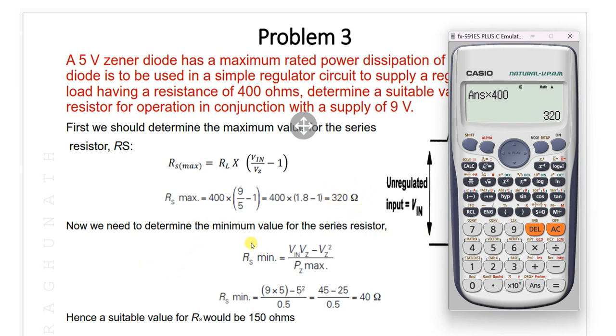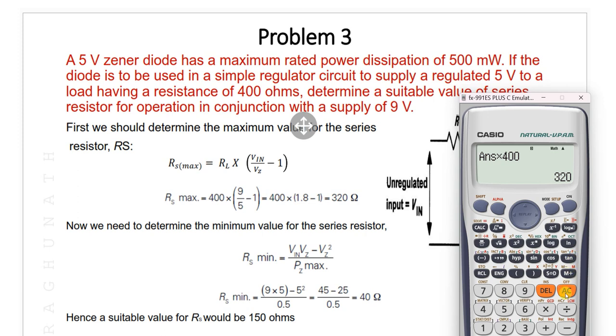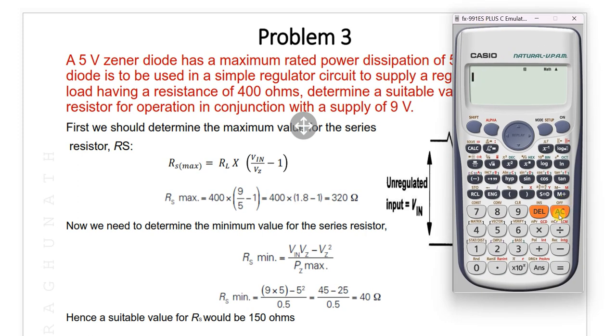Another, RS minimum, is given by (Vin into VZ minus VZ square) divided by PZ max. PZ max is given as 500 milli, that is 500 into 10 to the power of minus 3, which is 0.5 watts. If I type 0.5 and click the ENG button, you get 500 milli.